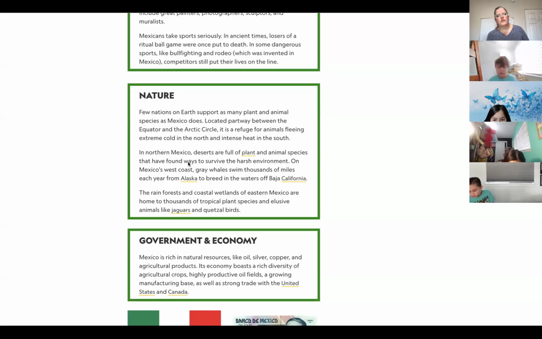Okay. If you're doing this, make sure you guys are staying on A only because this is the first article. The second paragraph, it's talking about right here. On Mexico's west coast, gray whales swim thousands of miles each year from Alaska to breed in the waters off Baja California. You were mentioning that, Jonah, huh? So we can use that fact. We could say gray whales, they live in Mexico.